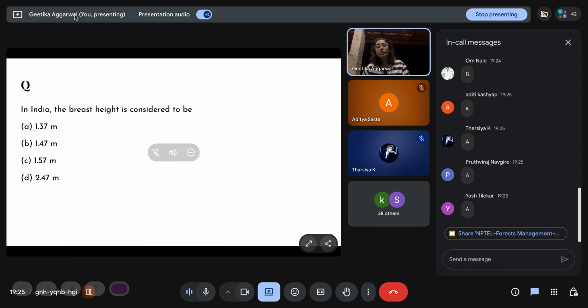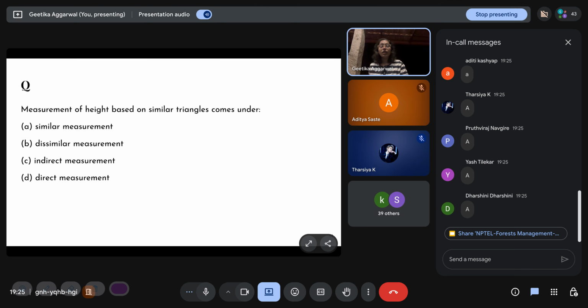Yeah, so the correct answer, as we discussed so far, is 1.37 meters. In most countries, it's 1.37 or a simplified version of that, 1.3 meters. The USA also has 1.37 meters, and Korea and Japan have 1.2 meters. Above that, there's nothing big.